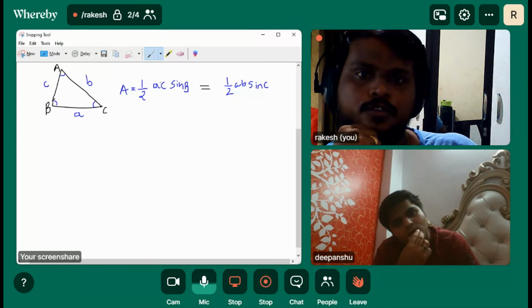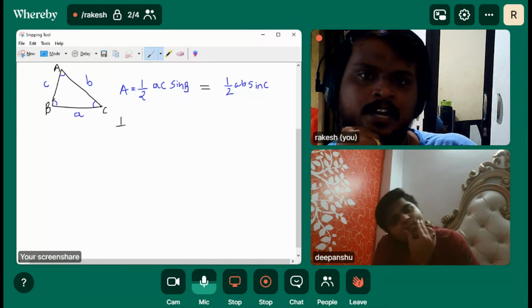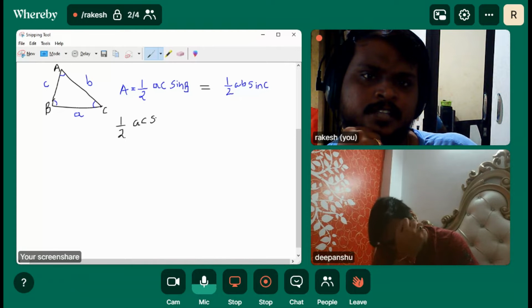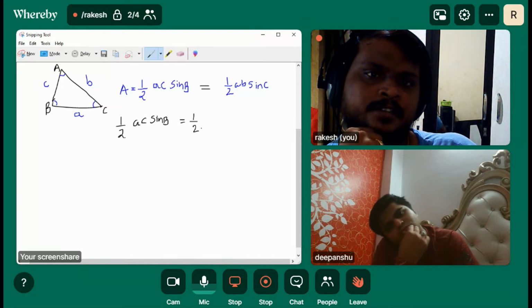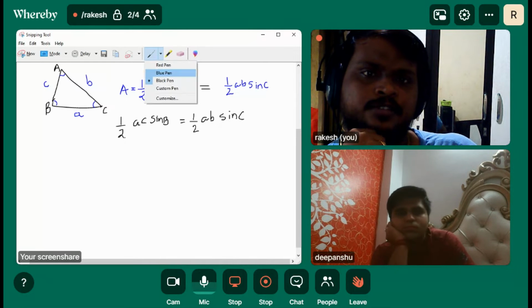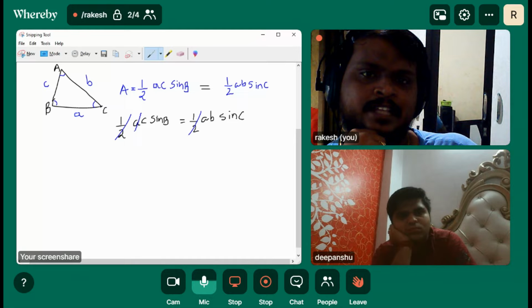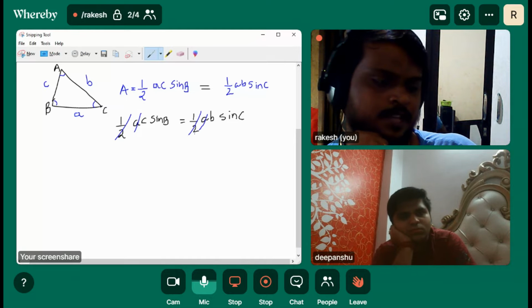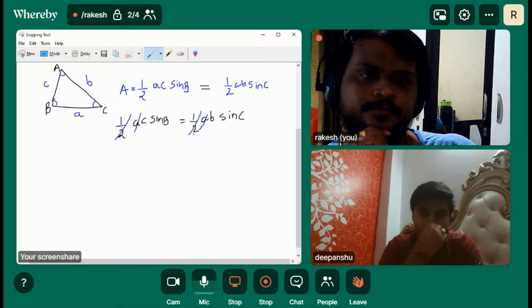So now we have half AC sin B and half AB sin C. Now half will cancel out. We can even cancel A because A is present on both sides.